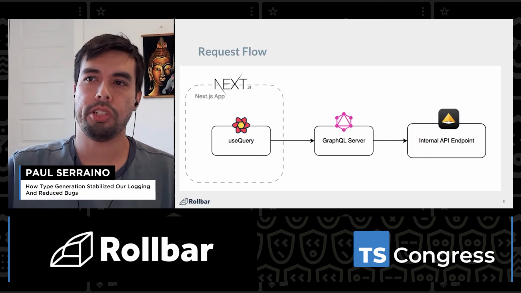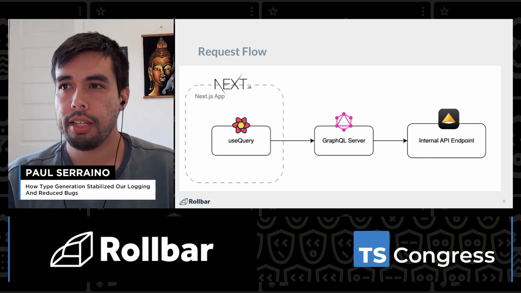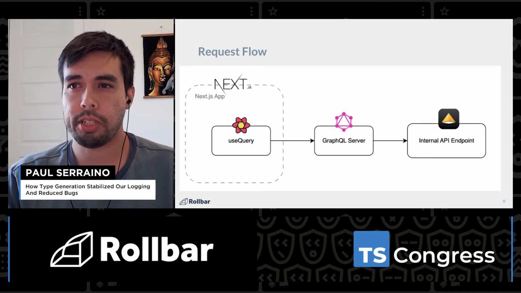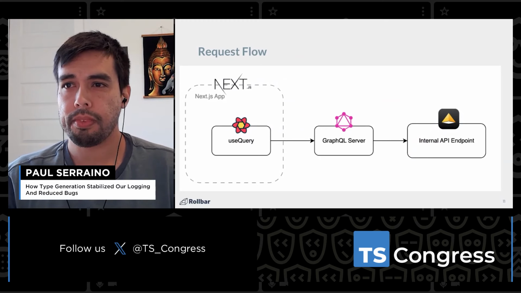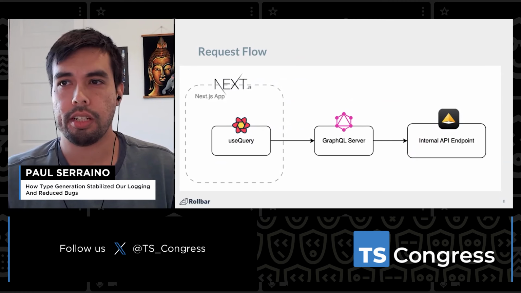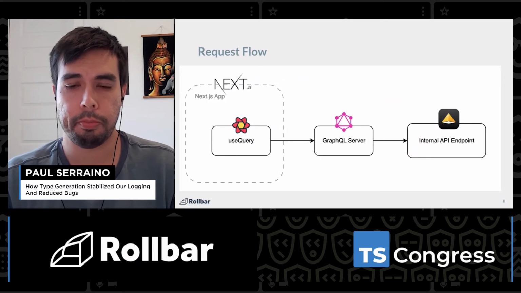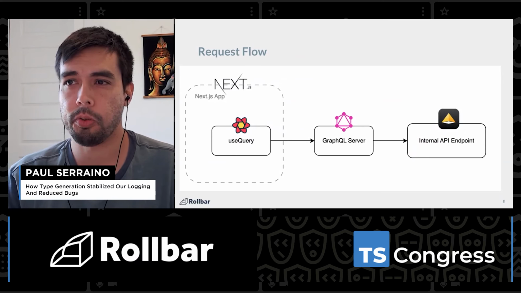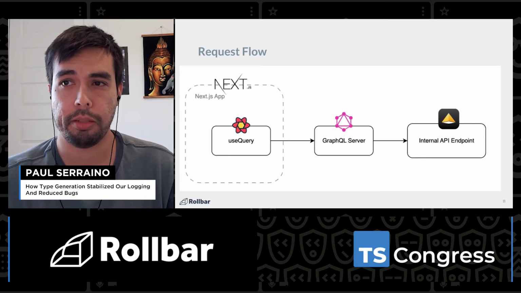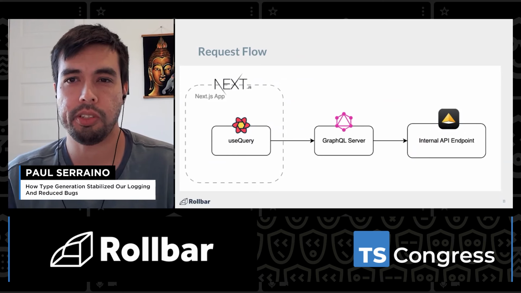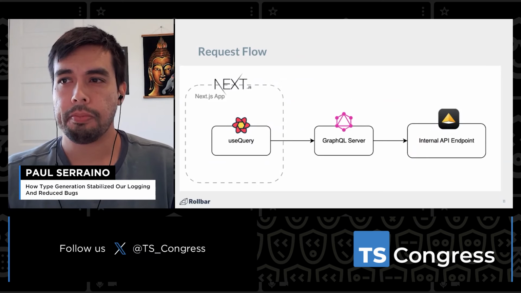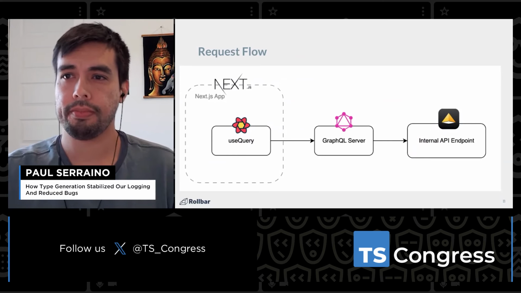And we made the decision to use GraphQL in this way because it not only provides type safety between the server and the client, but it also gives us flexibility in terms of backend migrations. For example, we're planning on replacing some of the internal API endpoints with gRPC calls. And this proxy architecture allows us to experiment with different backend solutions.